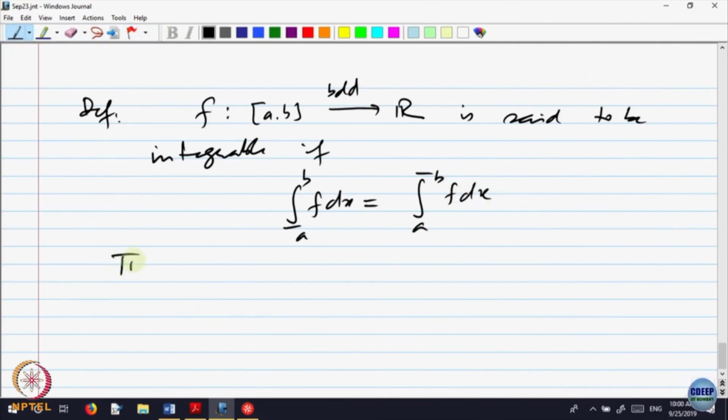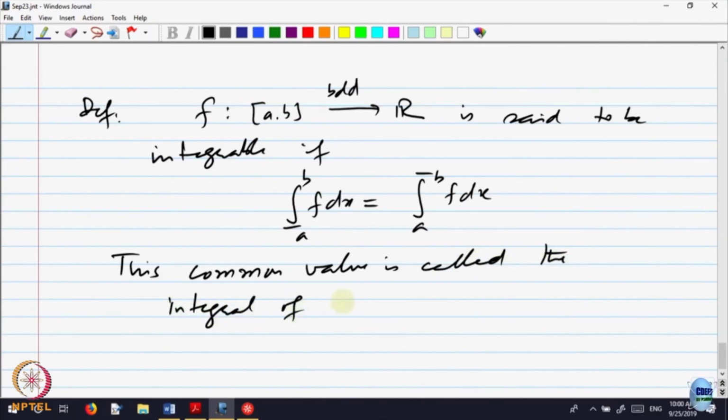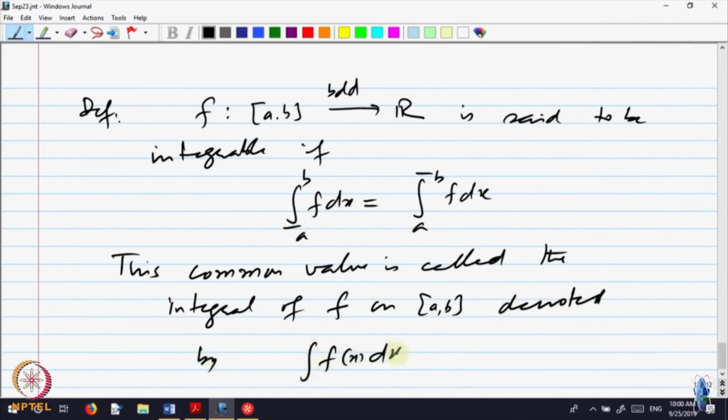And this common value is called the integral of f on [a, b]. So whenever these two are the same, we call the common value the integral of f, and one normally writes the integral of f(x) dx from a to b. So this is called the integral of the function.